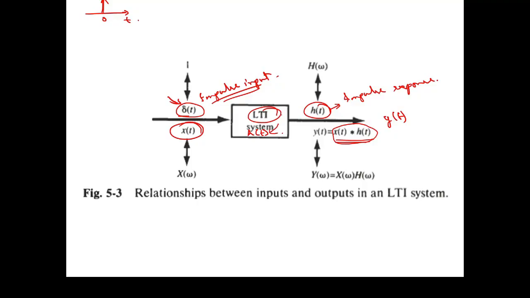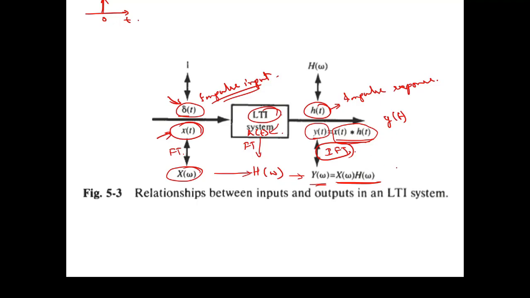So what is being done is that if we take the x(t) input and perform Fourier transform, we get X of omega. Similarly, if we have h(t) and perform Fourier transform, we get H of omega. We get the input, and herein we get the output Y of omega, which is equal to X of omega multiplied by H of omega. So we have got the output in the frequency domain, and then when we apply inverse Fourier transform, we get the y(t) over here.